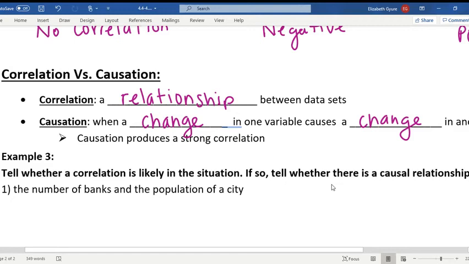So again, amount of peanut butter sold, amount of jelly sold. Could there be a relationship? Sure. But does someone buying peanut butter necessarily cause them to buy jelly or vice versa? No, you could buy one and not buy the other, right? There could be a relationship, but one is not causing the other to happen.